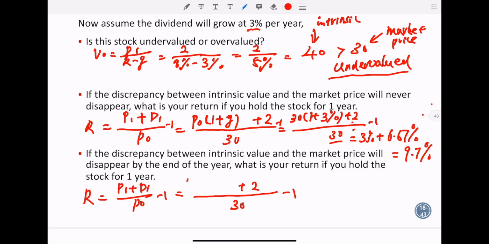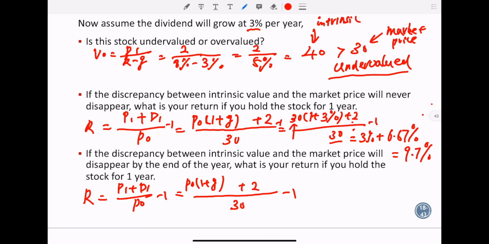Should you use P0 times 1 plus g? Well, you should not use P0. You can see that P0 equals $30, right? However, this is the market price. But now we have said the intrinsic value and the market price will actually converge, right?